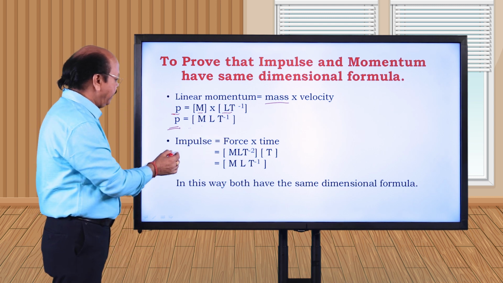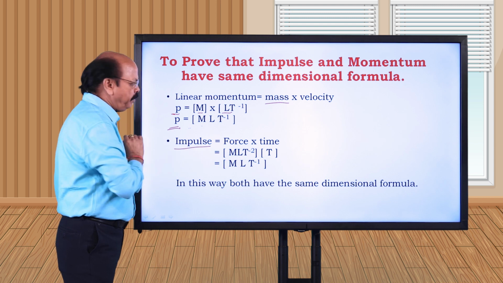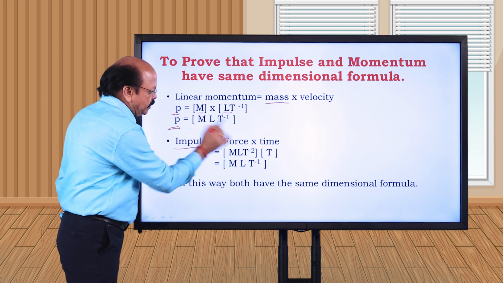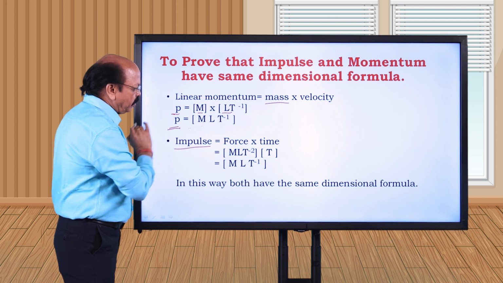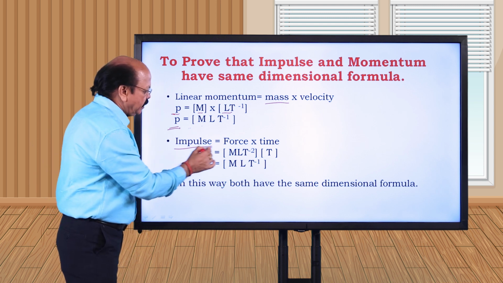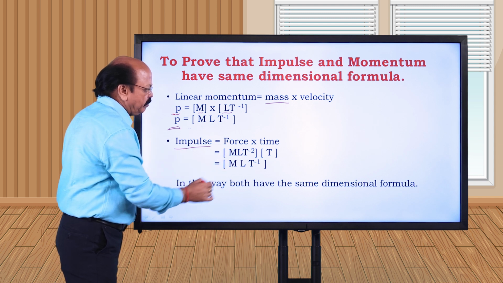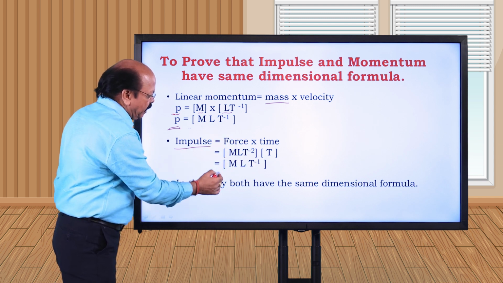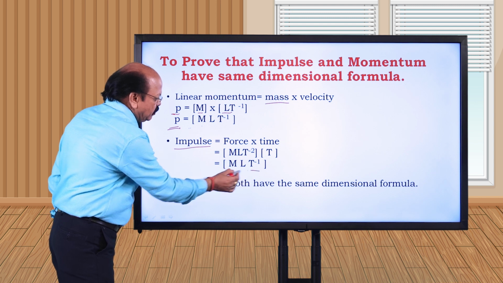Similarly, we can find the dimensional formula for impulse, that is force into time. The dimensional formula of force, which we have already found in earlier slides, is [MLT⁻²] and time is T, then it becomes [MLT⁻¹].